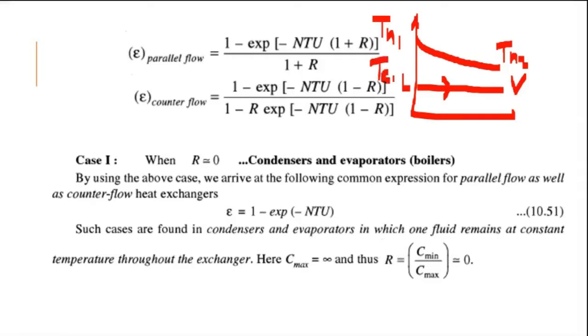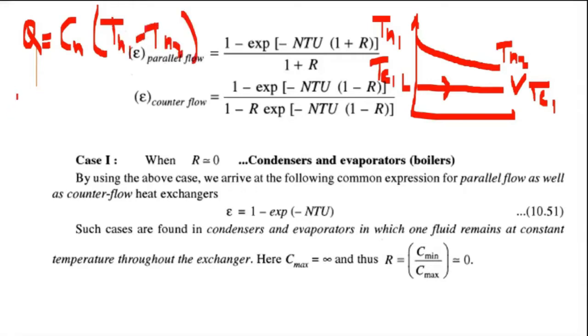So here the inlet temperature can be TC1, and the outlet temperature will also be TC1. In this case also we can say that this Q value will be equal to capital CH, TH1 minus TH2. Similarly, we could write capital Q is equal to capital CC, TC1 minus TC1.